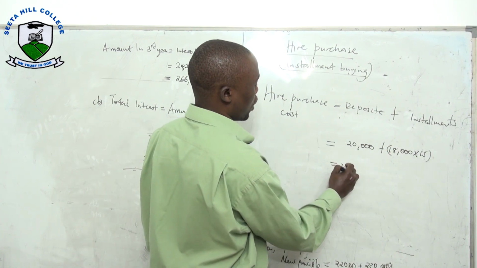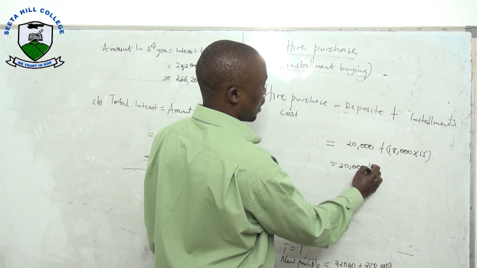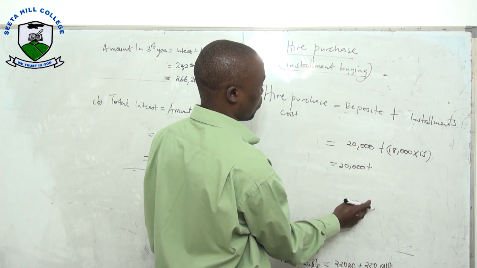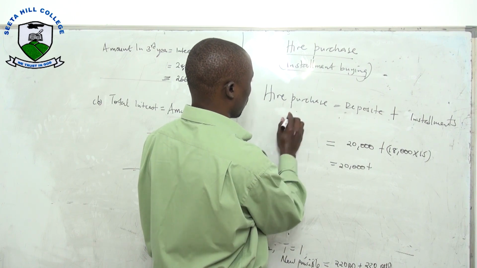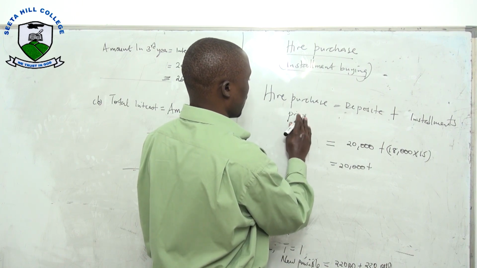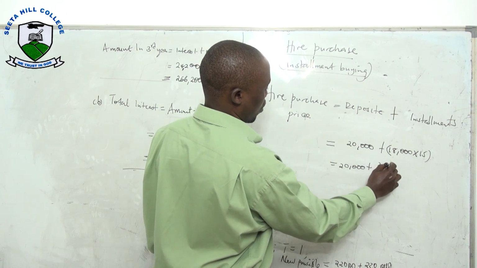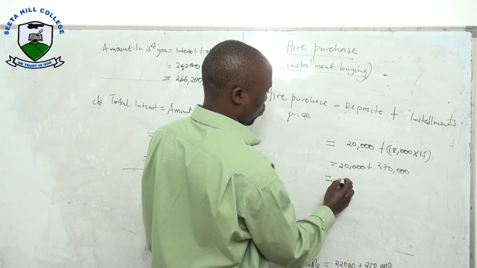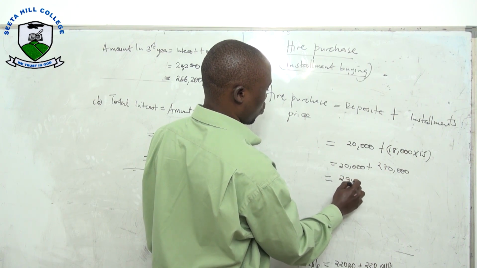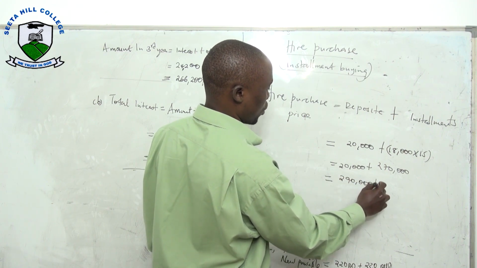That will give you 20,000 plus 270,000 shillings. Then add here, 290,000 shillings. That's what he pays, not so?